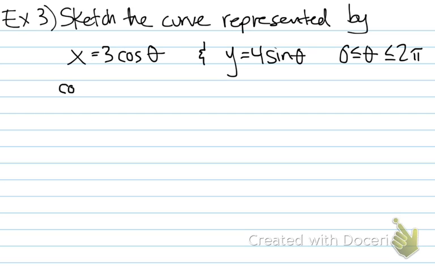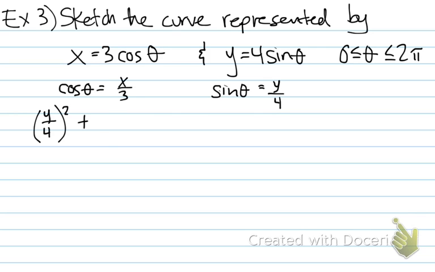In this one, cosine of theta would equal x over 3, and in this one, sine of theta would equal y over 4. So if I make use of sine squared plus cosine squared equals 1, that means I have y over 4 squared, that's sine squared, plus cosine squared, which would be x over 3 squared, equals 1.